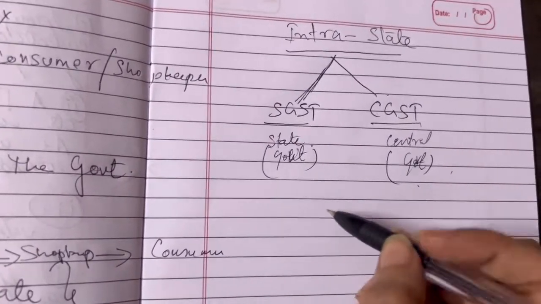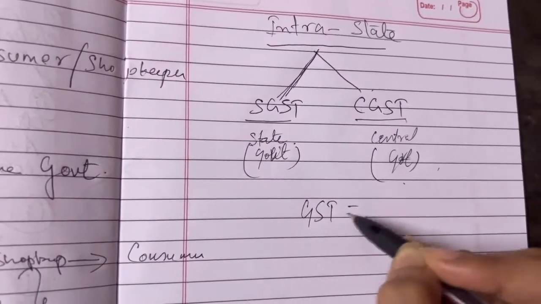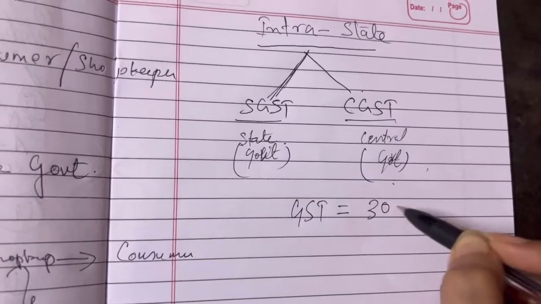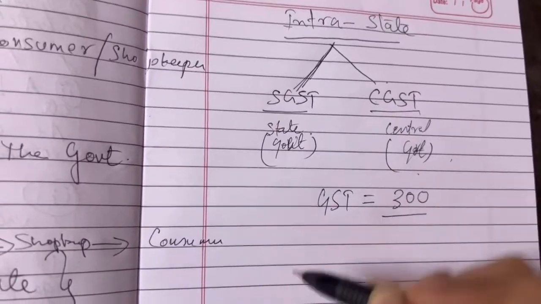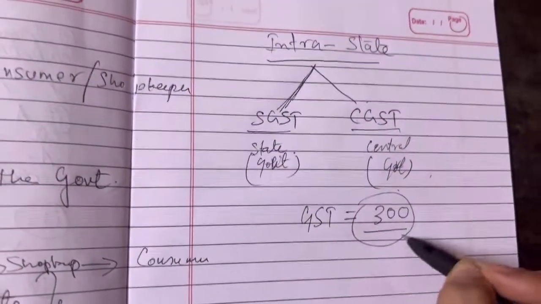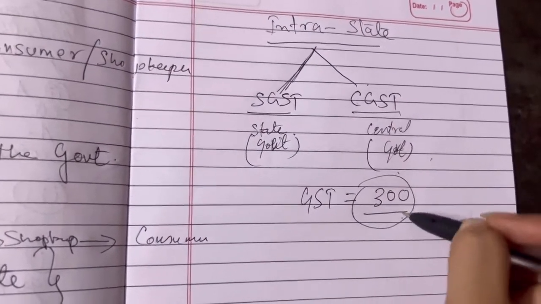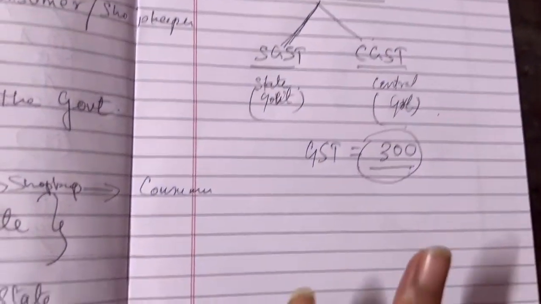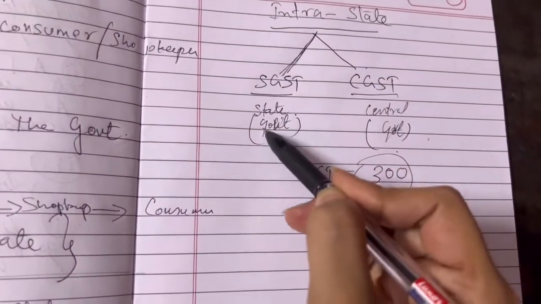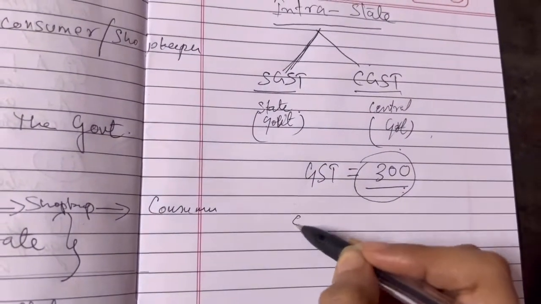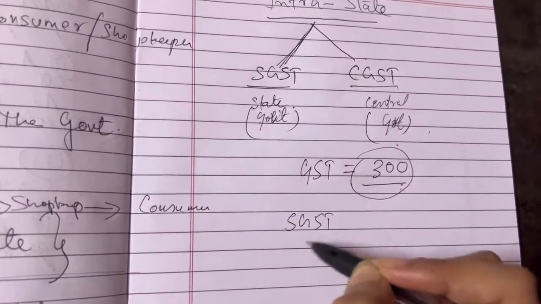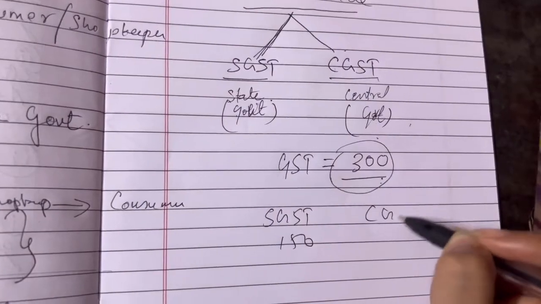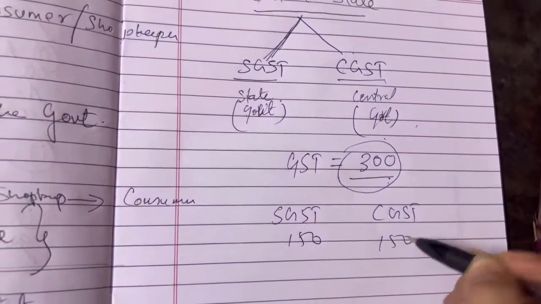For example, let's say GST is 300. If the sale is intrastate, this 300 rupees will be divided equally between the state government and the central government. SGST will get 150 rupees and CGST will get 150 rupees.